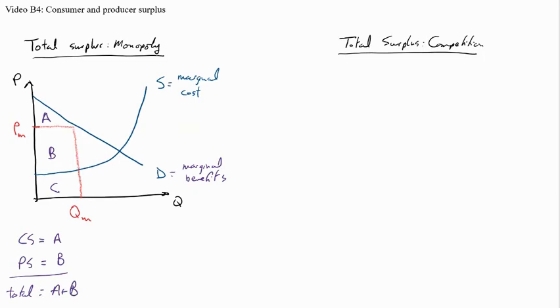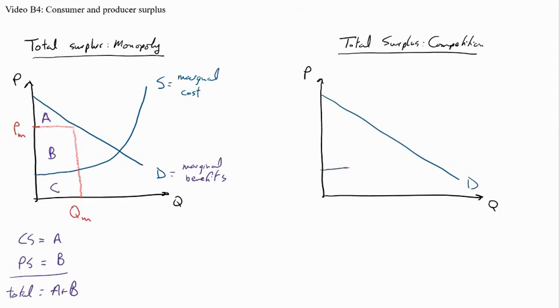To compare what happens in monopoly to competition, let's review what happened in competition. We'll start with price, quantity. We'll use the same demand curve, the same supply curve we've been working with, and the outcome that we get with competition is that the intersection of supply and demand determines a market price and a market quantity.